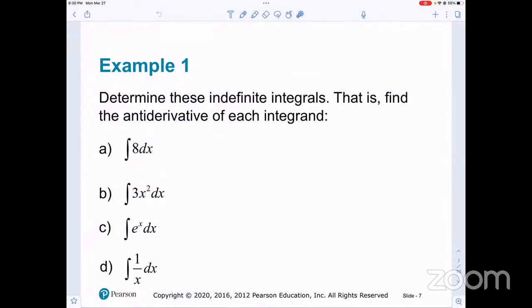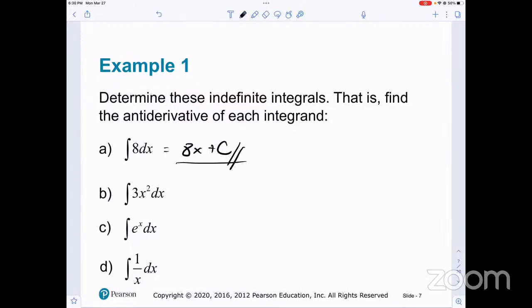So that integral is just 8x plus some constant, because the derivative of 8x is 8, which is what we wanted. The derivative of a constant is 0, so that guy is gone. So that should be it there.